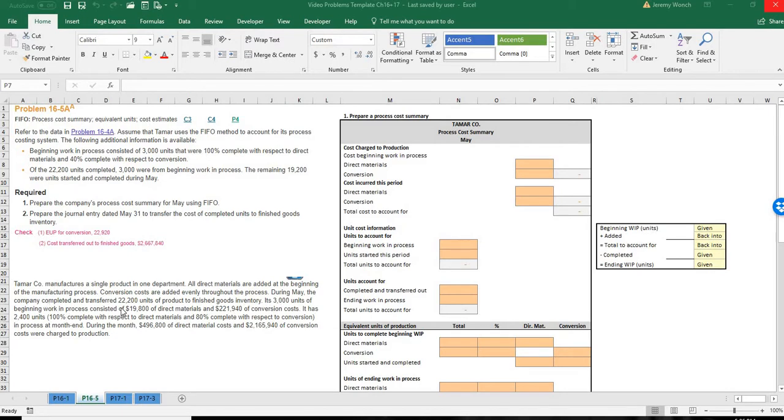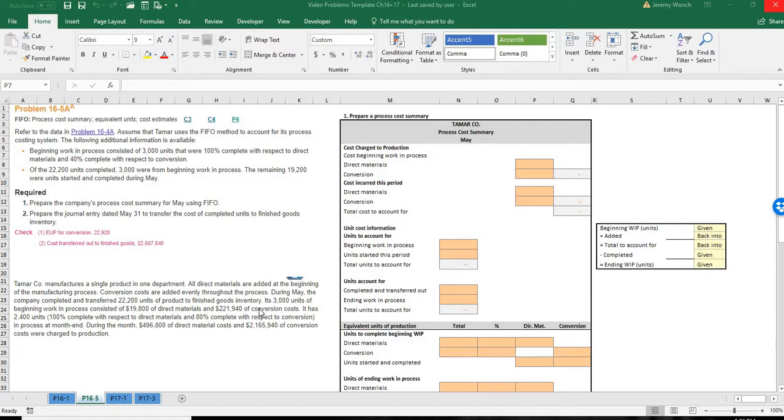The beginning work in process consisted of 19,800 in direct materials and 22,100 of conversion cost. I don't think we've talked about conversion costs yet. Conversion costs are the combination of direct labor and overhead.